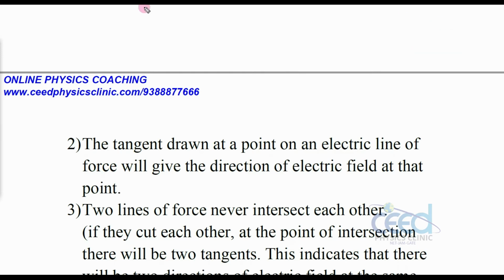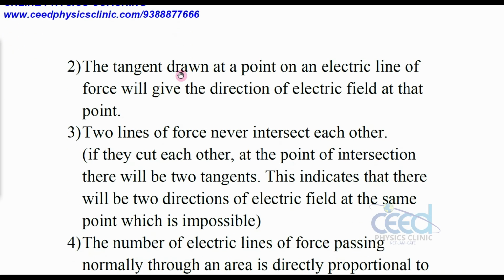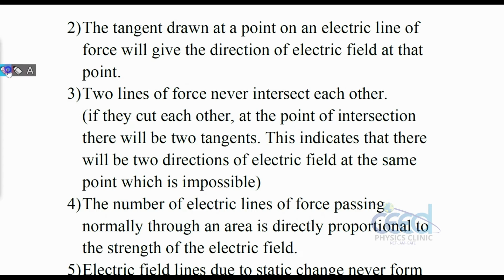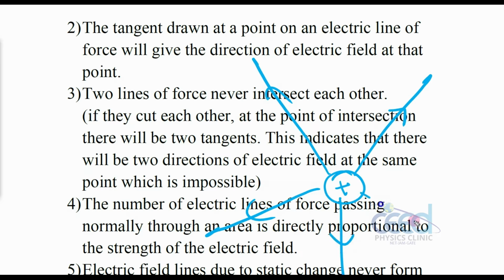Now another property is that two field lines never intersect. Suppose you consider a positive charge, it has many field lines like this, and no field lines are intersecting. That means field lines never cross like this. Why don't they cross?